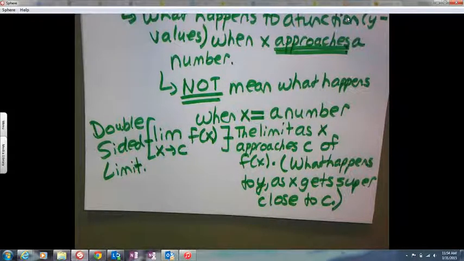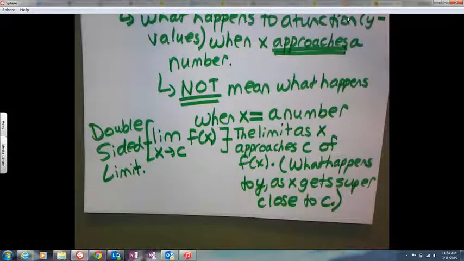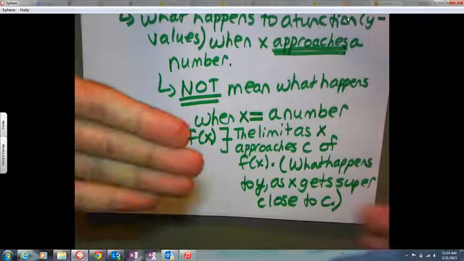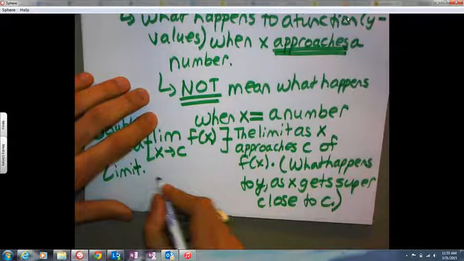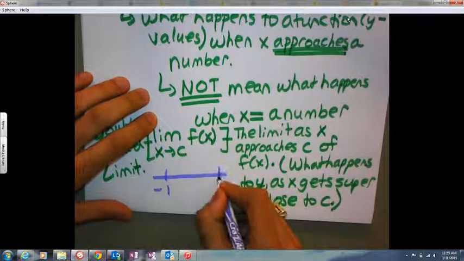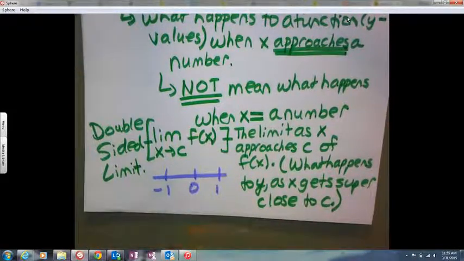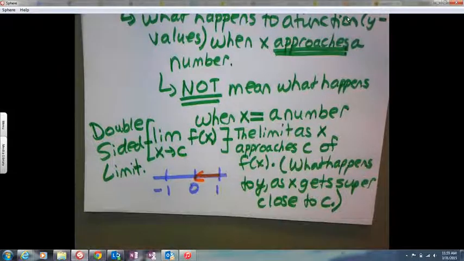There are, in other words, 2 sides to approaching any point or any value. Hence, we call this a double-sided limit, because we're asking what is happening as x approaches the number from both sides. If you think about a number line, here's -1, here's 1, here's 0. I'm asking what is happening as I approach from the right and as I approach from the left, from both sides.